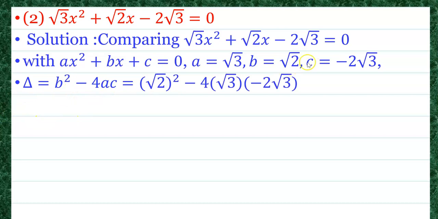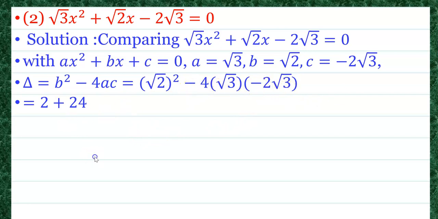What is the value of b? b means √2 squared minus 4 into √3 into −2√3, which is the value of c. √2 squared, √2 into √2, is 2. And in the multiplication, minus and minus will become plus. 4 into 2 is 8, and √3 into √3 is 3, so 8 into 3 is 24.